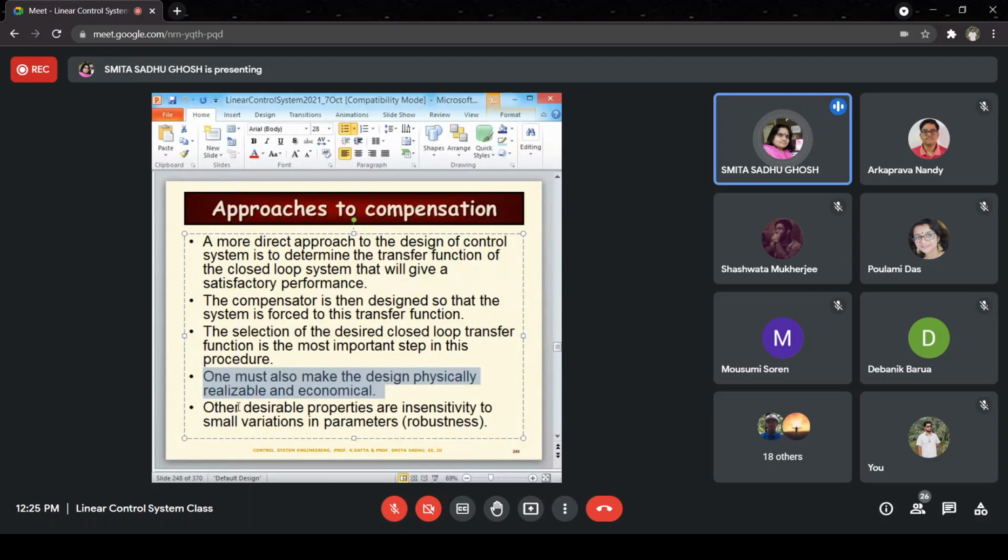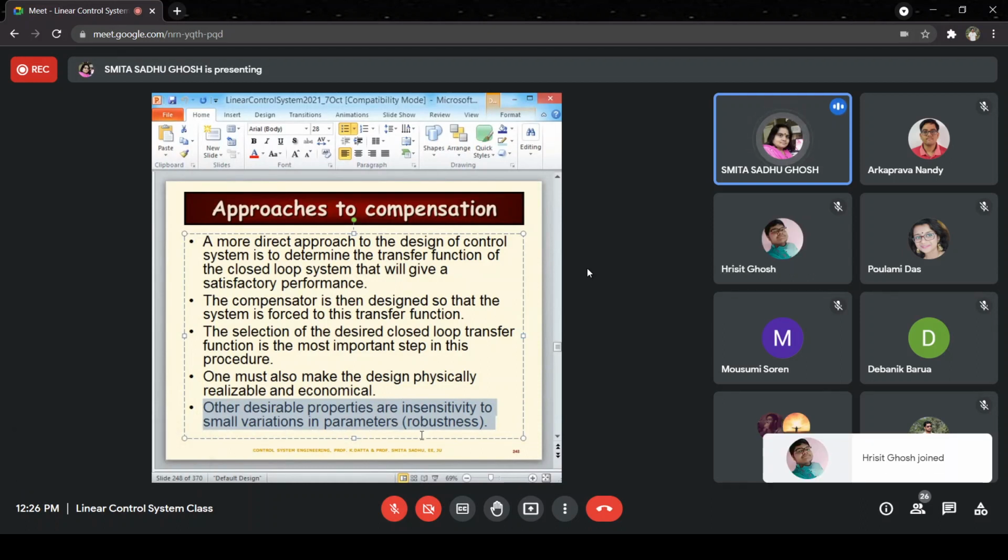The other desirable properties are insensitivity to small parametric variations, so small variations in parameters. This actually refers to robustness, right? If you have designed a compensator, that compensator should have the property that even if the system has minor changes in the parameters, your compensator is still insensitive to such small variations.